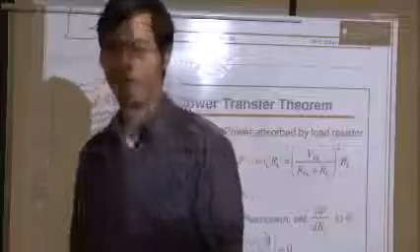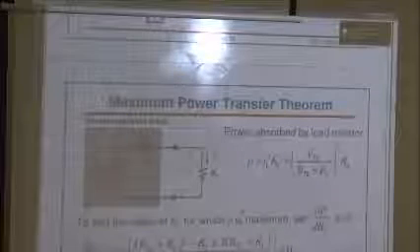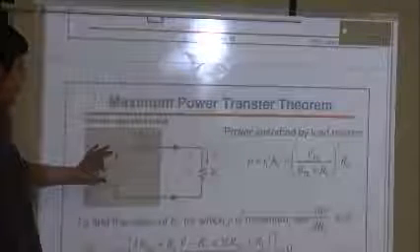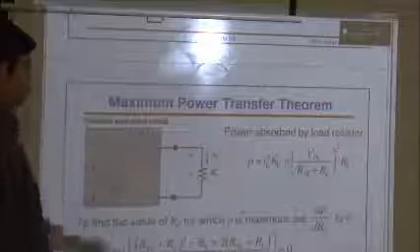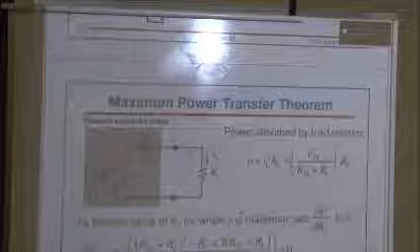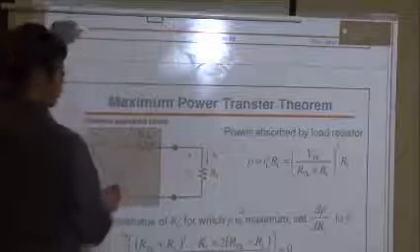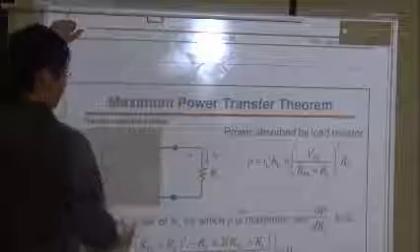So before we finish this week, let's talk about maximum power transfer. If you have a complex circuit, and we already found the Norton or Thevenin equivalent, so we know the VTH and RTH, we're trying to find out what's the best load to take the maximum amount of power out of this circuit.